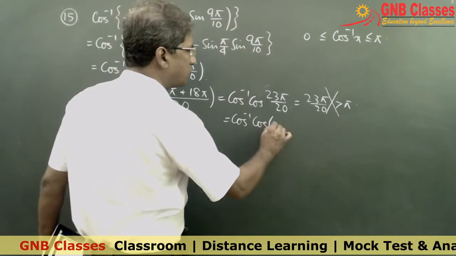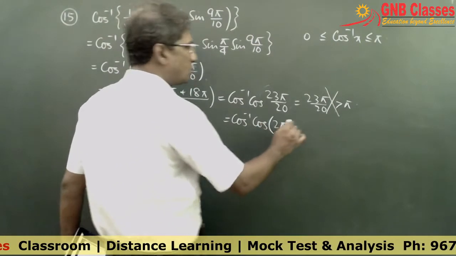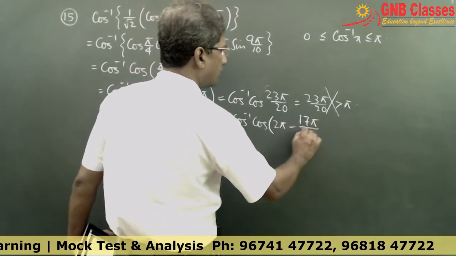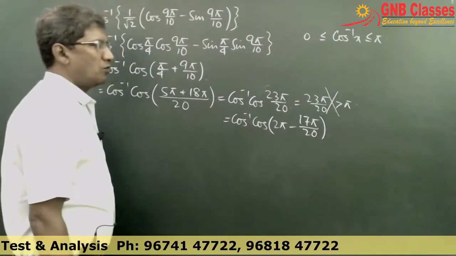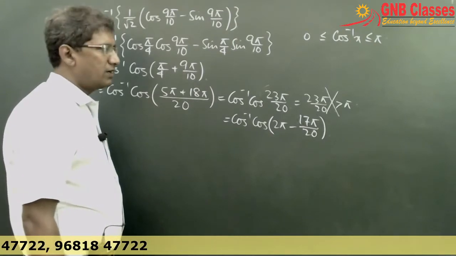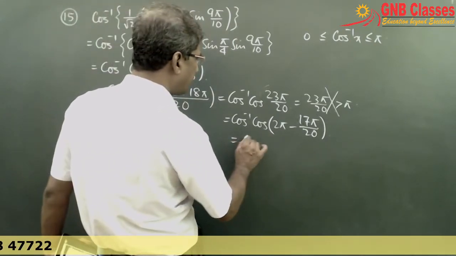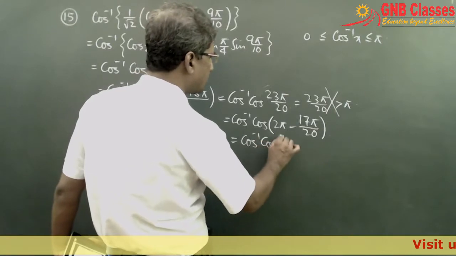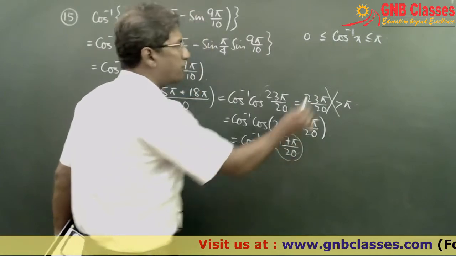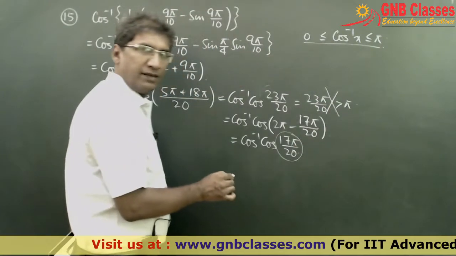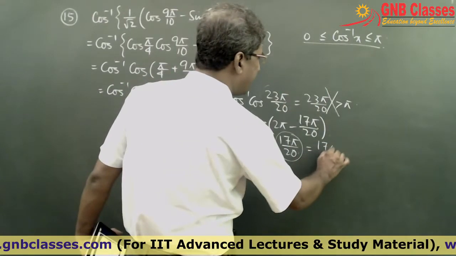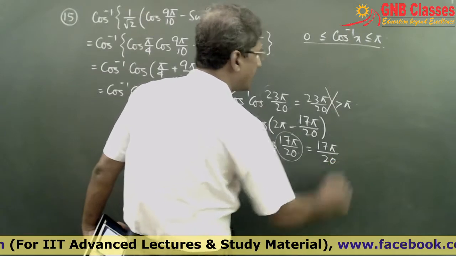So for that, I'm just doing 2 pi minus 17 pi divided by 20. So what we are getting? Cos inverse cos 17 pi by 20. Now you see 17 pi by 20 falls between 0 and pi. Therefore my answer will be simply 17 pi by 20 in this case.